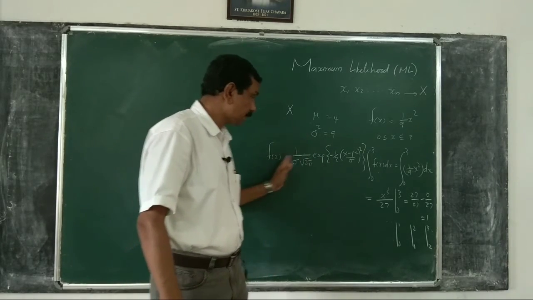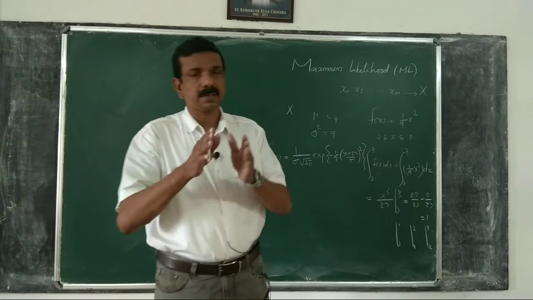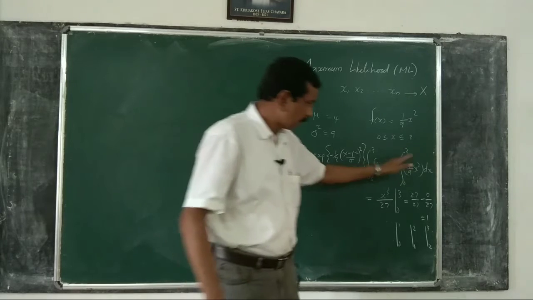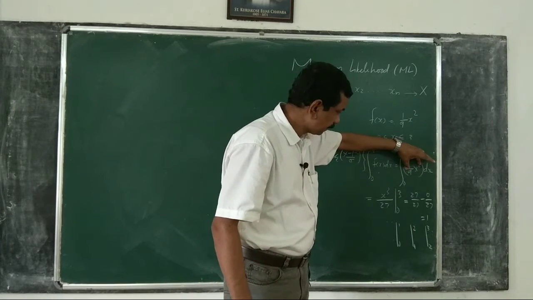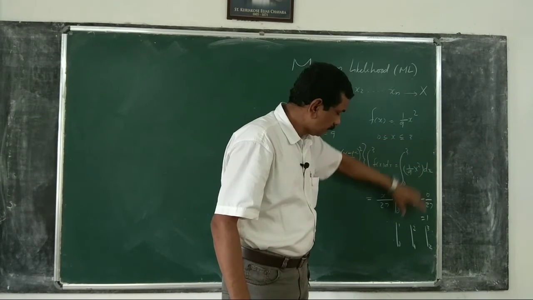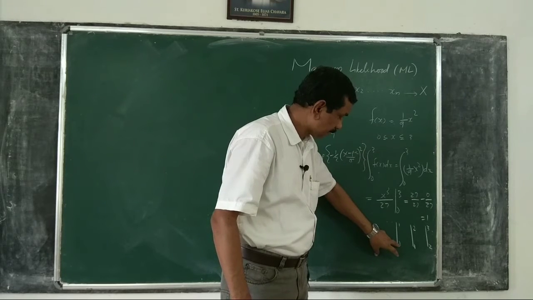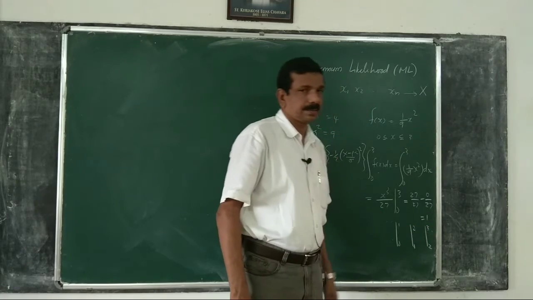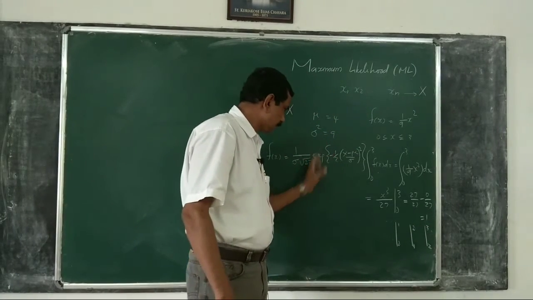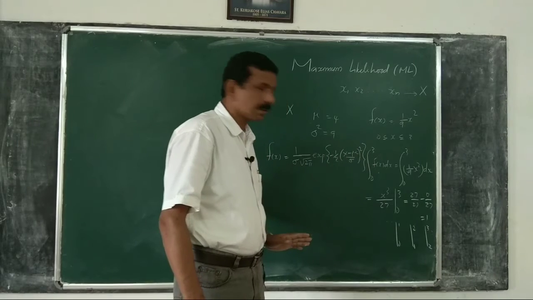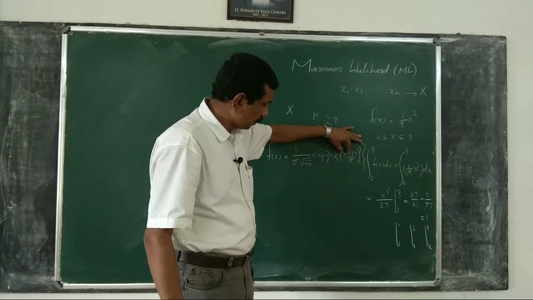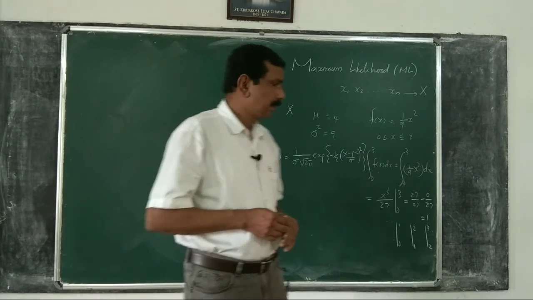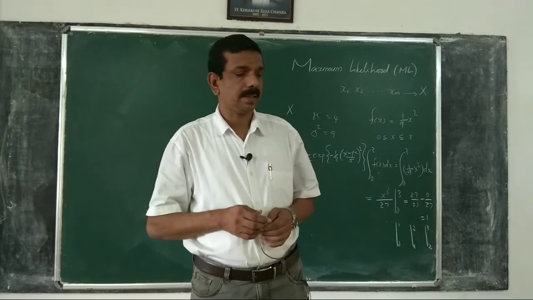As it is a continuous random variable, the probability of x assuming a specific value is 0. You can calculate the probability of x lying between 0 and 1, 1 and 2, 2 and 3, like that. So here also we integrate this PDF and calculate the probability of x lying between x1 and x2, x2 and x3, etc.